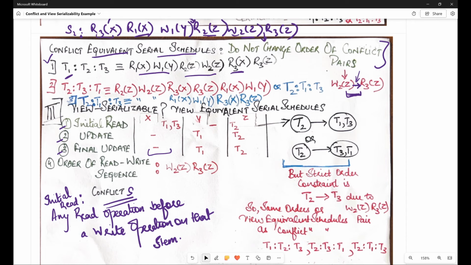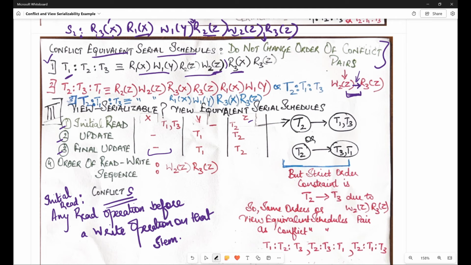Coming to Z now. Is any transaction reading Z? Yes. We have T3 reading Z, and we have T2 reading Z. Let's check about initial read. What does the definition say? Any read operation performed before a write operation on that item.